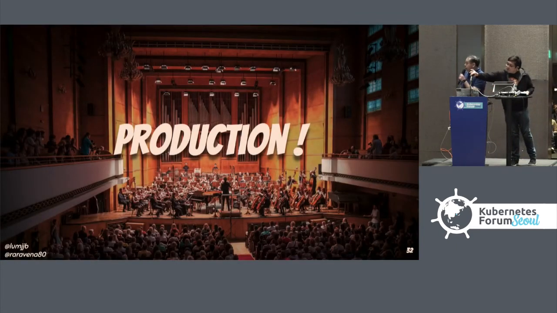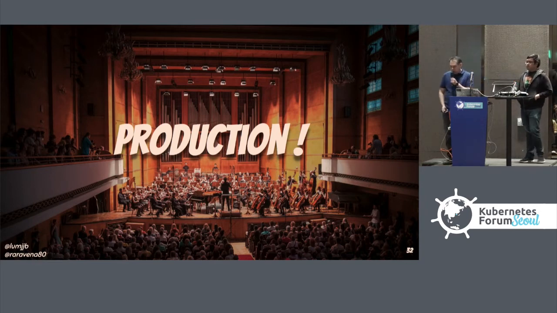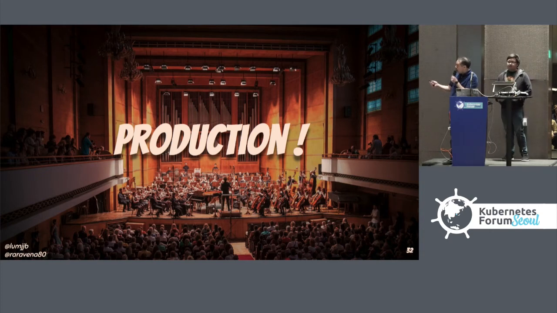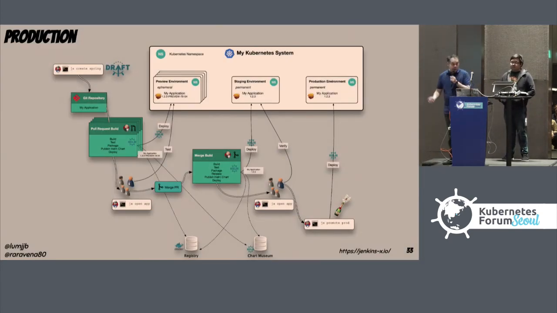Okay, so we saw the pipeline demo, and we want to know what it looks like in production. Putting it all together. This diagram is out of the Jenkins X documentation.